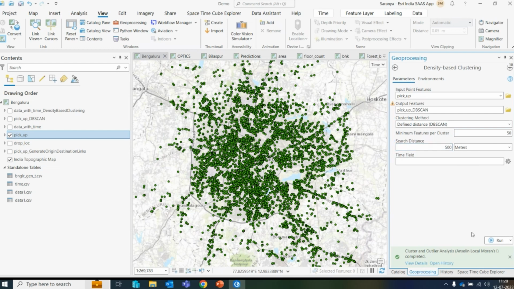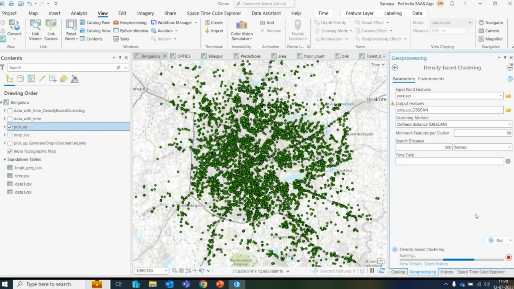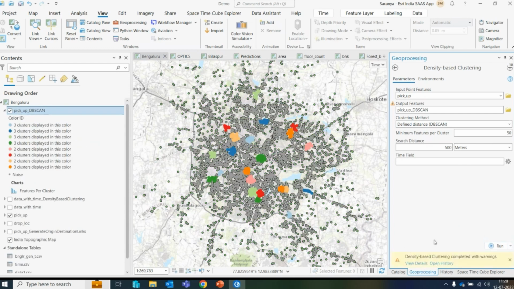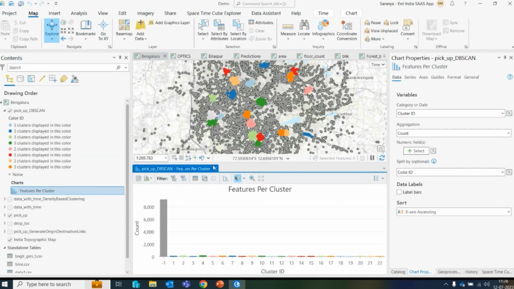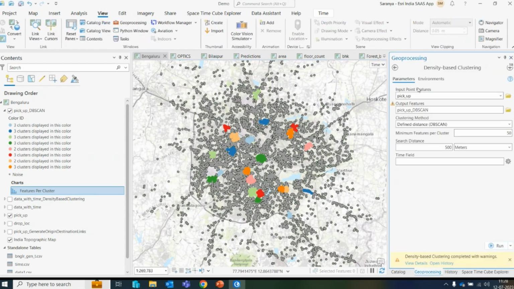So I can give all these details and just run the tool. The algorithm will automatically identify where such clusters are, where a particular company is able to find at least 50 pickups in a 500-meter radius. So this is your density-based clustering, and this will give you the number of clusters the model has identified.